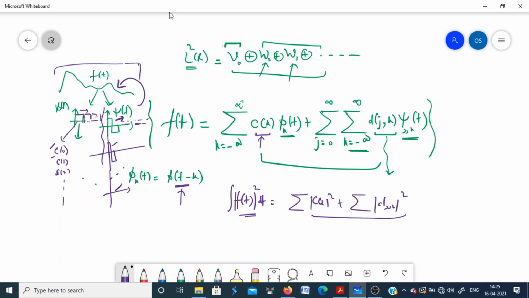It is just like in the Fourier series, where the energy of the signal is given by the sum of the modulus of the Fourier series coefficients. It is this property which basically defines what the DWT is.